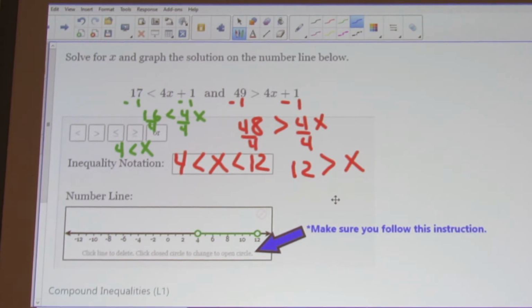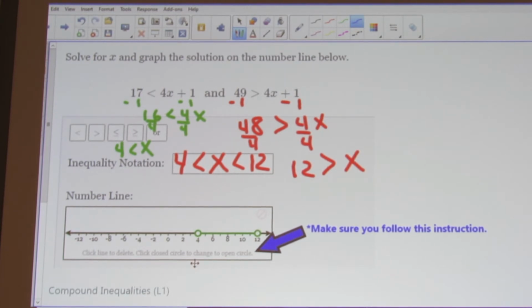Then when I get down here and click on these lines, it gets a little bit tricky, and I hope you guys get handy at doing that. It's not that bad, but when you click on a number, let's say I clicked on this 4 first and dragged over to 12, those would be filled in. It would be this exact segment with those circles filled in.